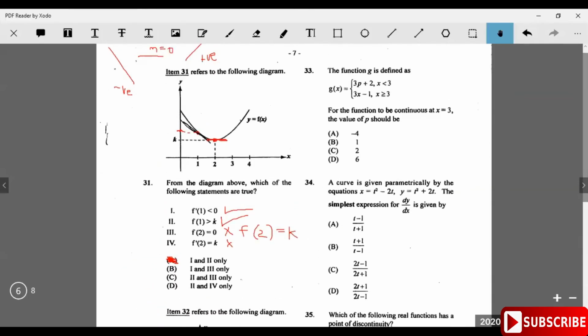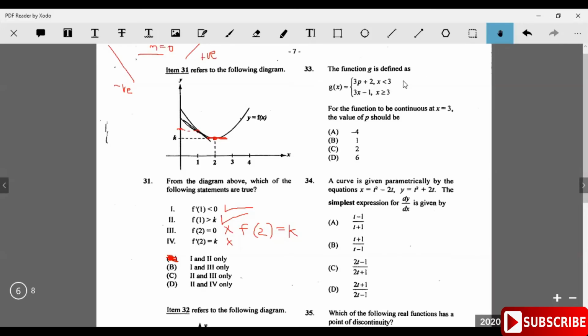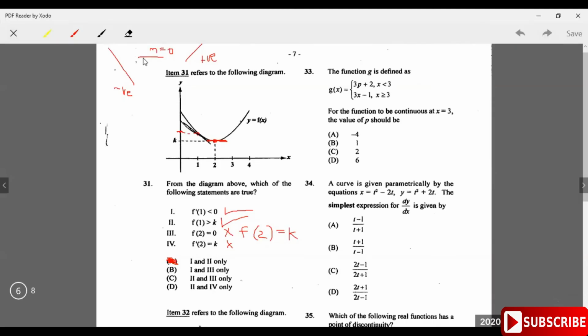Question 33 now says, for the function to be continuous, what is the value of p? If the function is continuous, then we know that g of 3 should be equal on both sides.